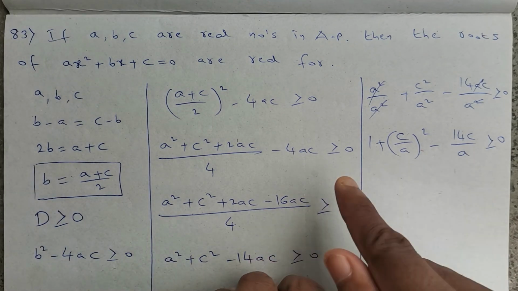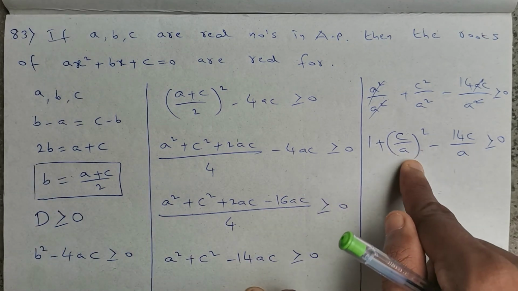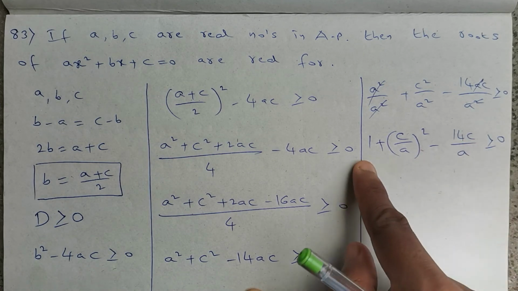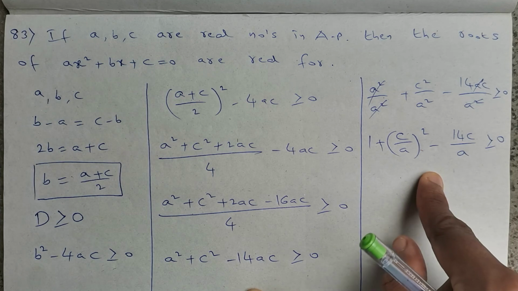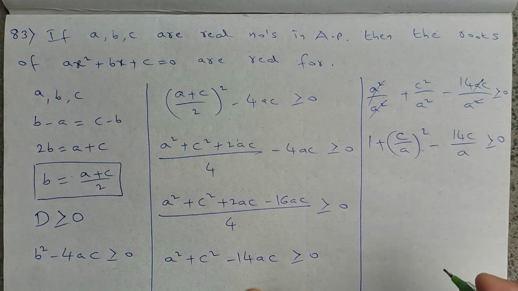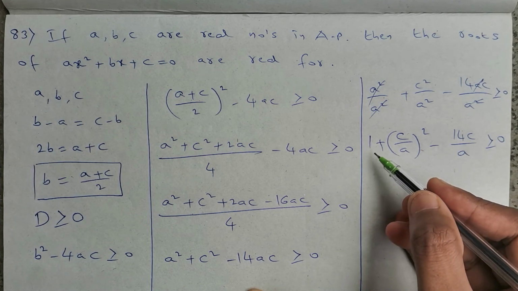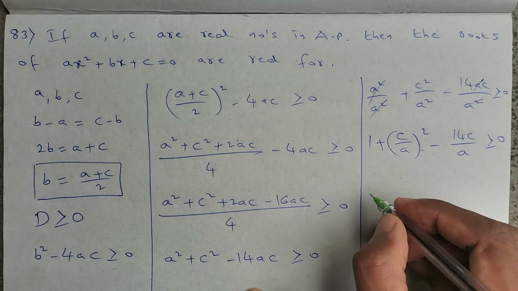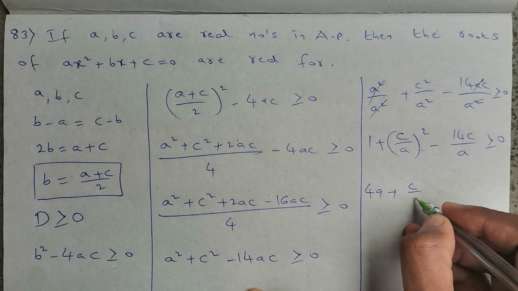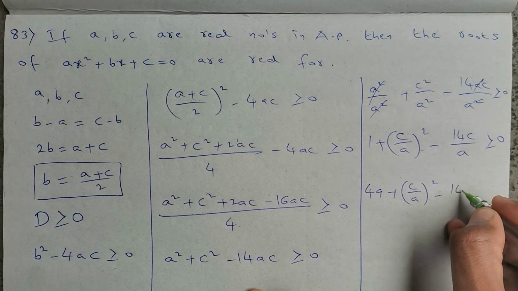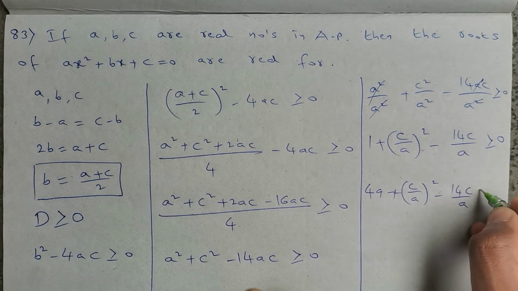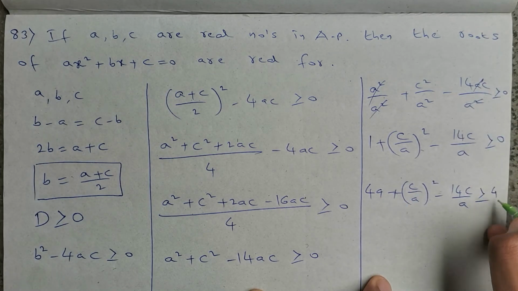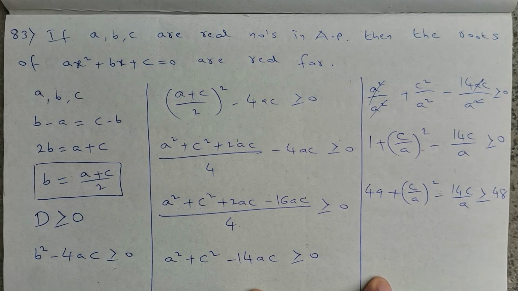On the left side we have 1 plus (c by a) whole square minus 14c divided by a. To make this left side exactly a square, for this 1 I will add 48. If I add 48, it becomes 49 plus (c by a) whole square minus 14c divided by a, greater than or equal to, and since I am adding 48 on the left side, I do the same on the right, 48.